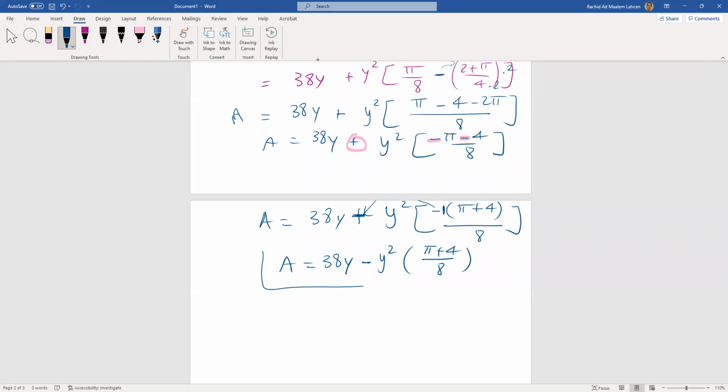All right. As you see, this a is a function of y. It's not a function of x as we usually do, because we're trying to avoid making things more complicated. It looks like the problem itself is already involving more things here and more ideas.